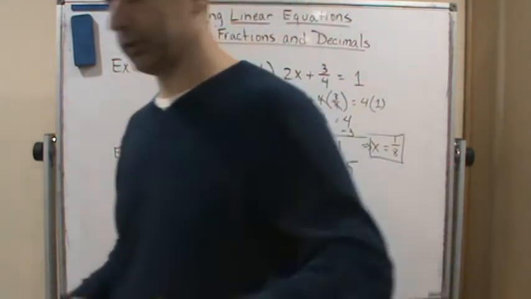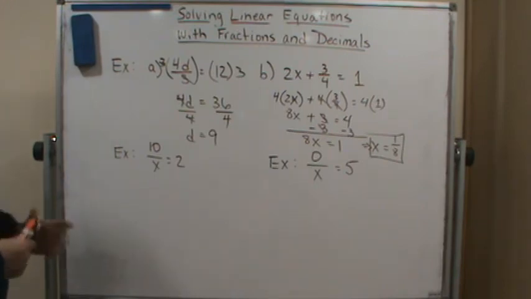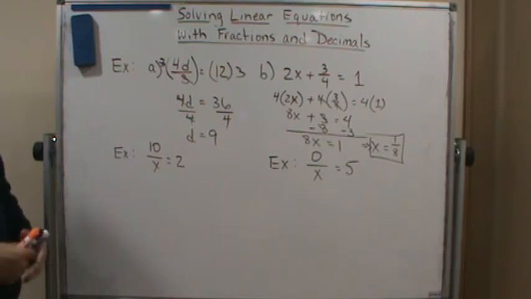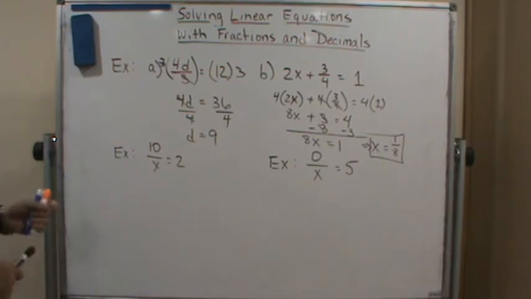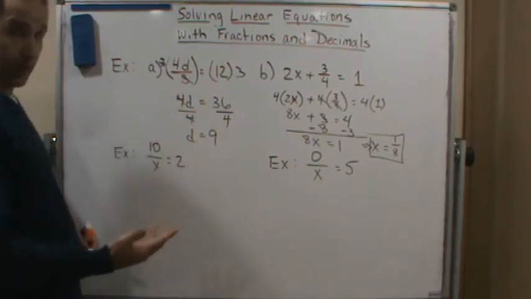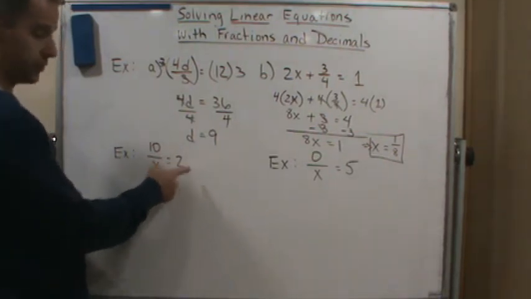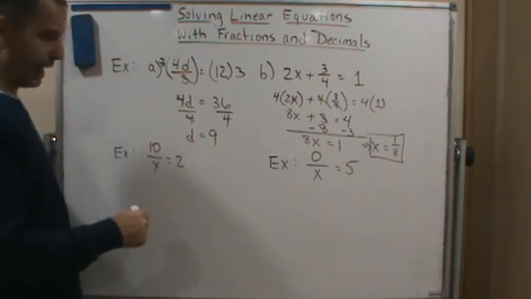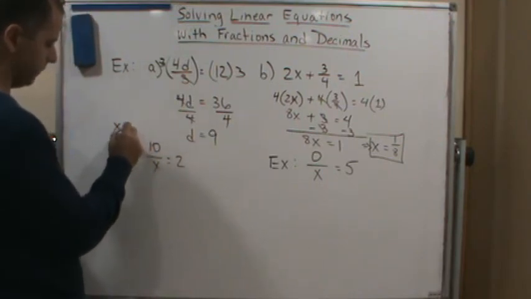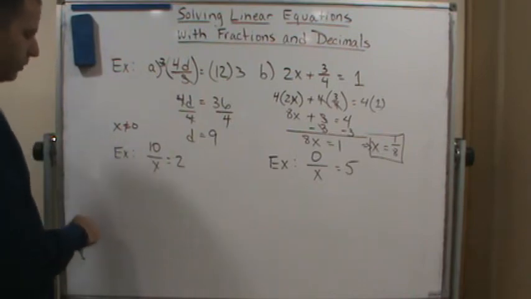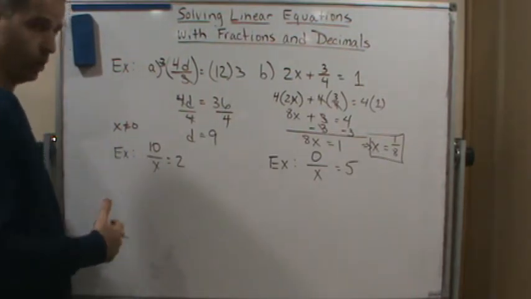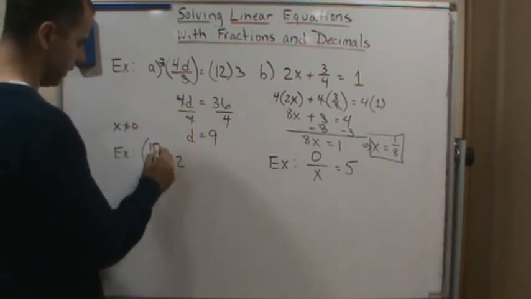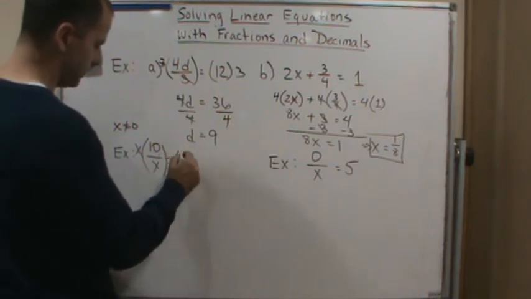So let's do some examples and you'll see what I mean. Let's do this one first. We've got 10 divided by x equals 2. Again, we're going to use the multiplication principle and multiply both sides by x. Again, we're assuming x cannot be equal to 0, so x is not equal to 0. So 0 is an excluded value, or an extraneous value. We multiply this side by x and this side by x.